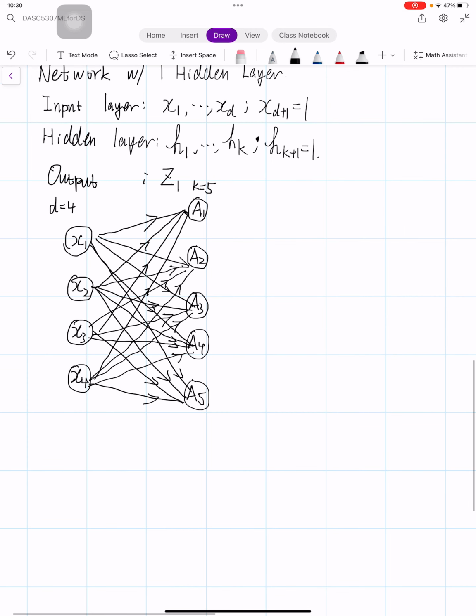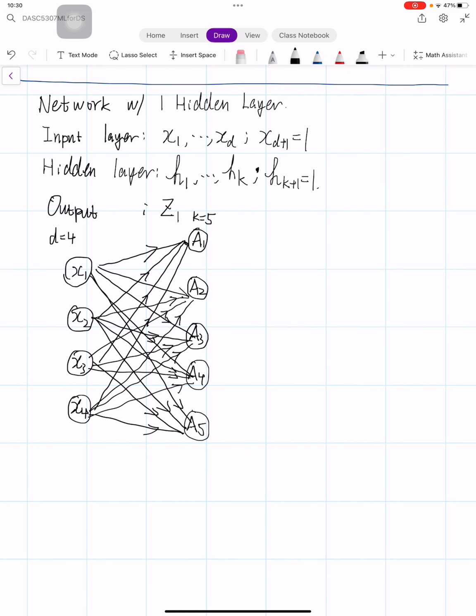And for each A, for simplicity, we only have one feature, and then the output will be our function. We use all these complicated linear combinations transformed by the nonlinear gate functions, and we get our approximate function f.